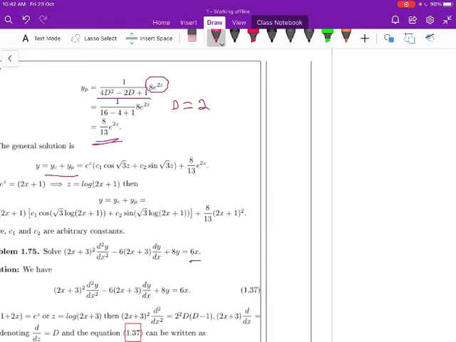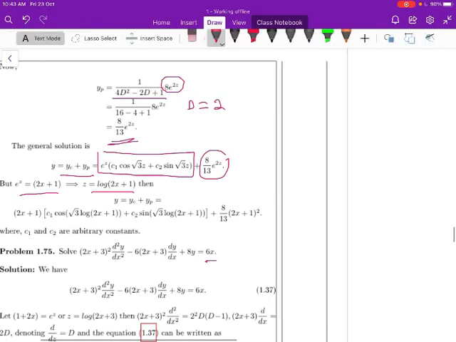So the general solution is yc plus yp, where yc is the first part which we found and yp is the second part. Now I have to convert in terms of the variable x, but we know the transformation e power z is equal to 2x plus 1. So z becomes log of 2x plus 1.